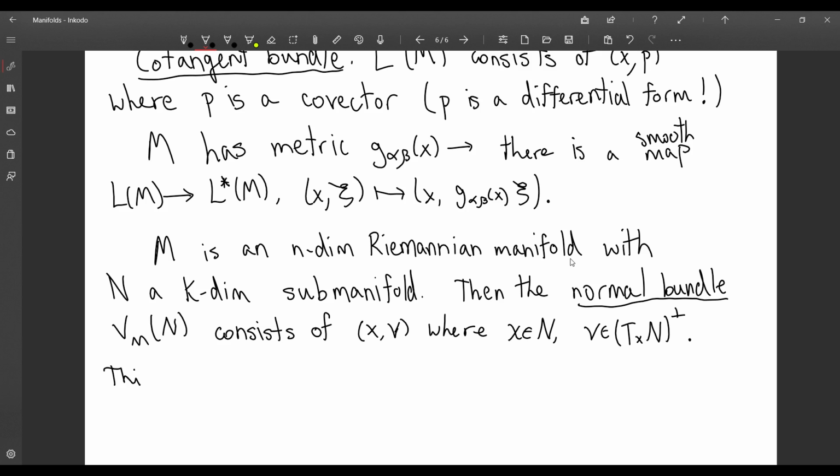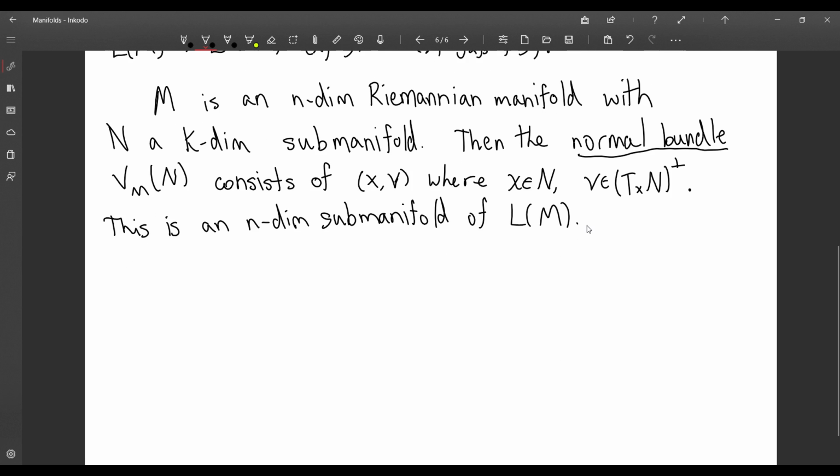This is an n-dimensional submanifold of the tangent bundle. So I'm gonna go into more detail here because this is actually an important object.